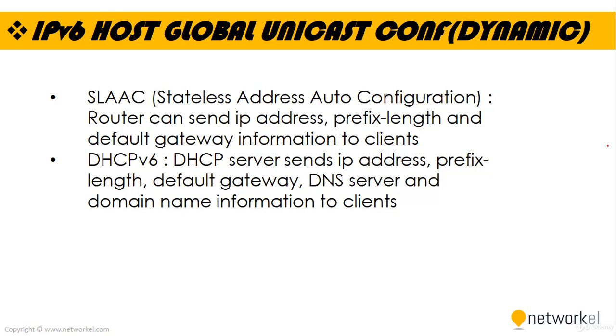In the SLAAC option, the router can send the IP address, prefix length, and default gateway information to the clients. In the DHCP version 6 option, the DHCP server sends the IP address, prefix length, default gateway, DNS server, and domain name information to clients, similar to IPv4.